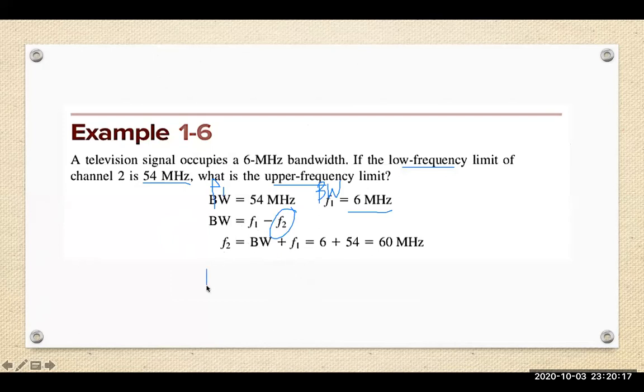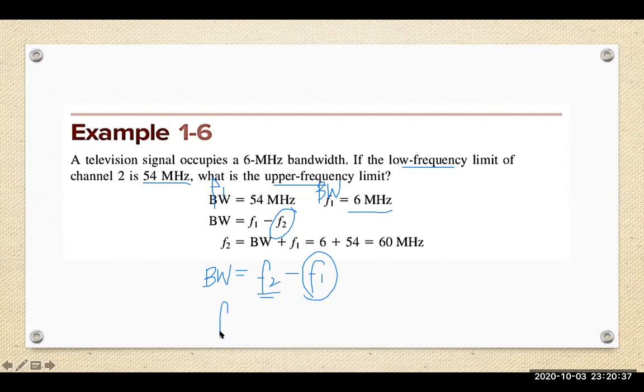So again, remember that bandwidth is equal to f sub 2, or the upper frequency limit, minus f sub 1. We are given the lower frequency limit, and we are asked to solve for f sub 2.